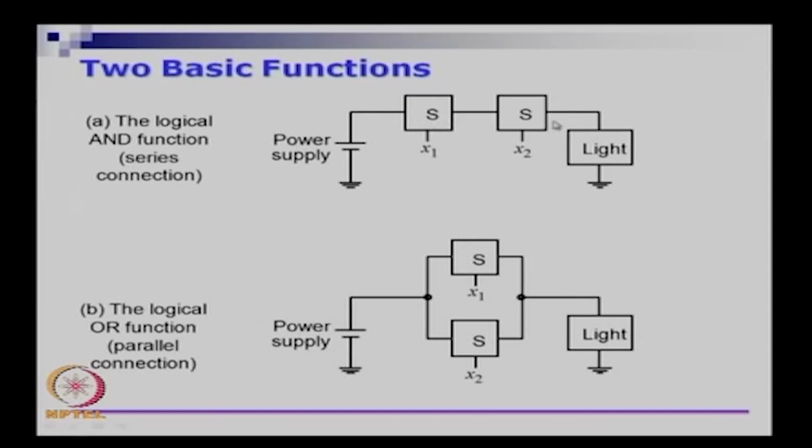We put two switches in series and that gave us the logical AND function, and when we put two switches in parallel, we get the logical OR function. So this logical OR means either this or this should be on. At least one of them should be on for the light to be on. If all of them are off, then the light will be off. So this is fairly easy.